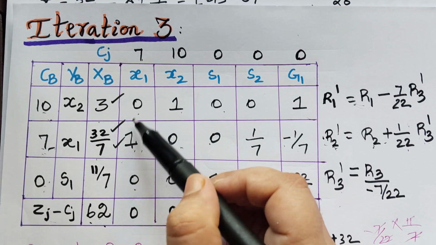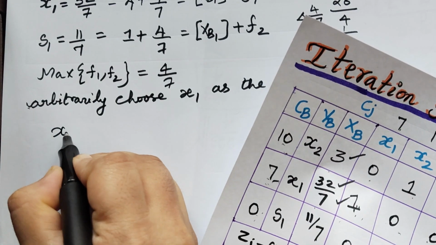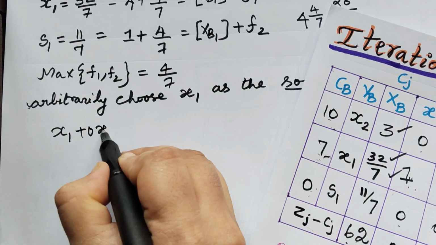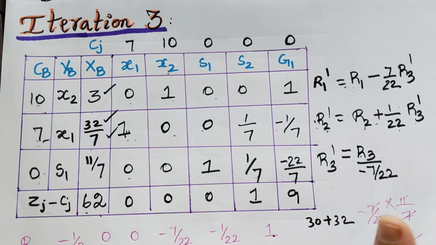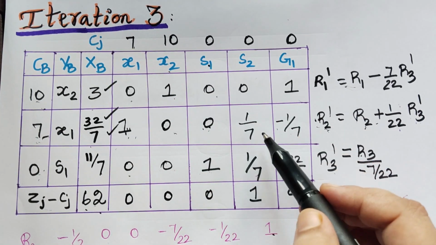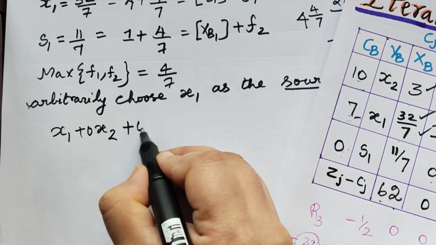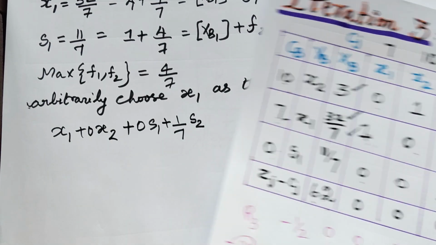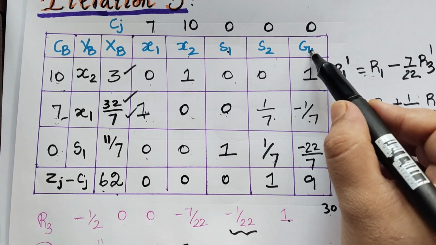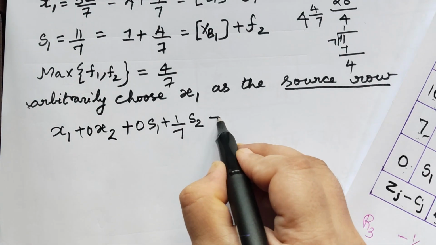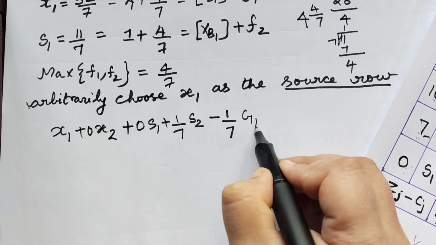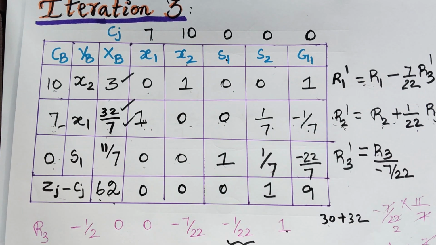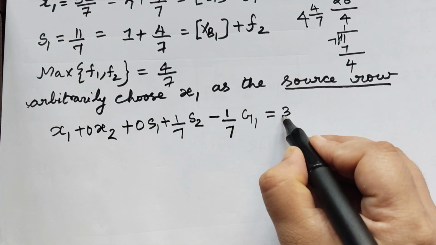So 1x1, we can write it as x1, and then we have 0x2, plus 0s1 plus 1 by 7 s2, and then minus 1 by 7 g1. And this is equal to, in the solution space, 32 by 7 in the source row. So it's equal to 32 by 7.